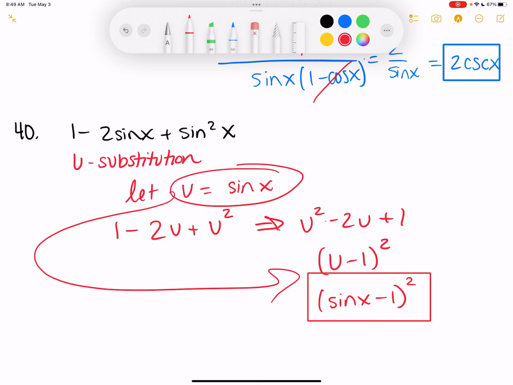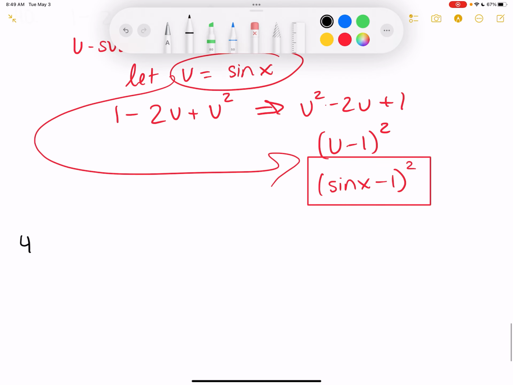Alright, next ones. Write each expression as an algebraic expression of a single trig function. 48: tangent squared of alpha over 1 plus tangent of alpha. What do you notice about the top?